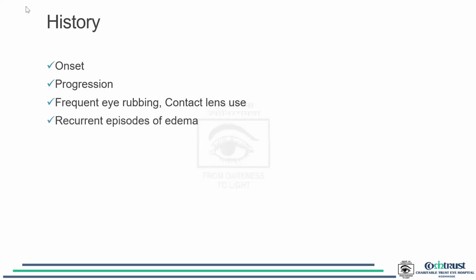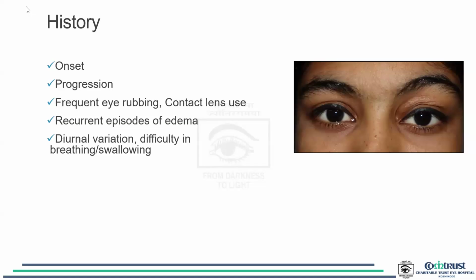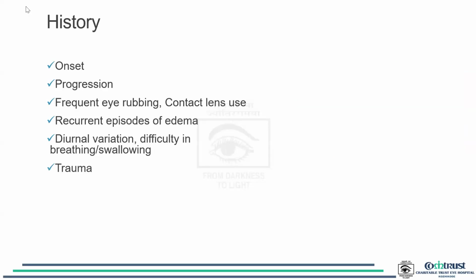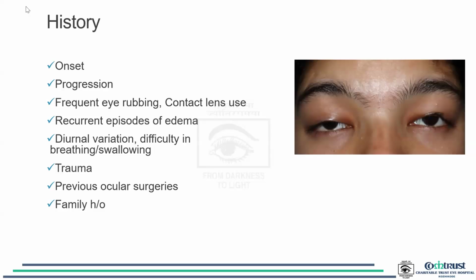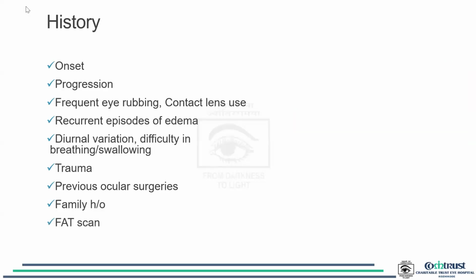So, a detailed history is required to find out whether it is present since birth, whether it is progressing as in case of an acquired cause, whether the patient has any history of frequent eye rubbing in allergies, contact lens use, recurrent episodes of edema, such as in young adolescents, which is referred to as blepharochalasis, leading to a cigarette paper appearance like this, and any associated difficulty in breathing, change in voice, swallowing, any diurnal variation in the presentation, any history of trauma or previous ocular surgeries, or a family history such as in BPES, which we will be seeing, and a FAT scan.